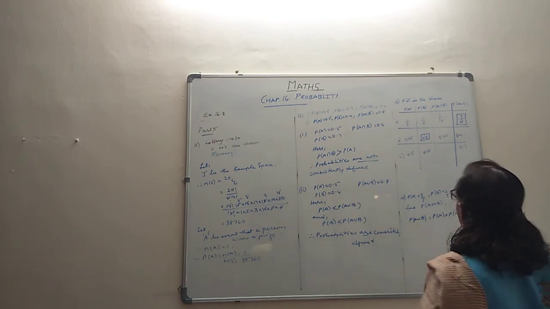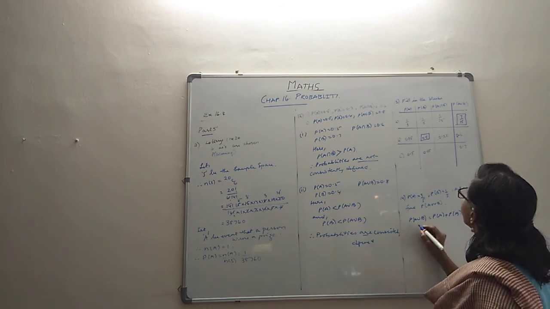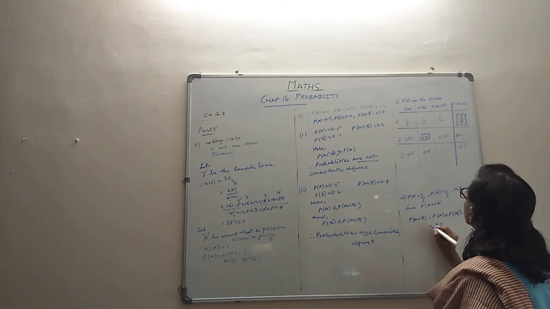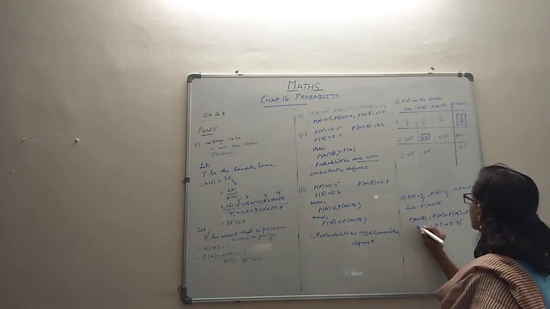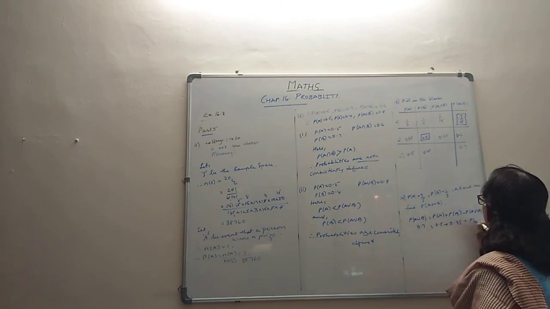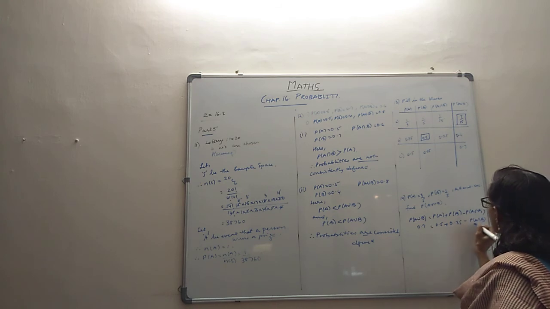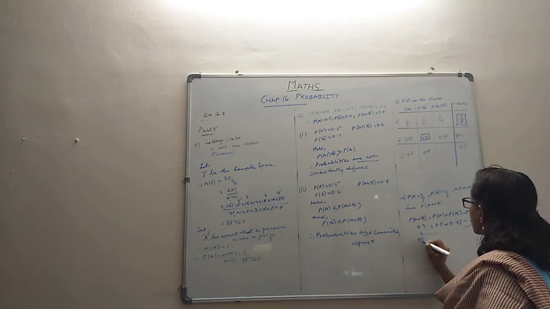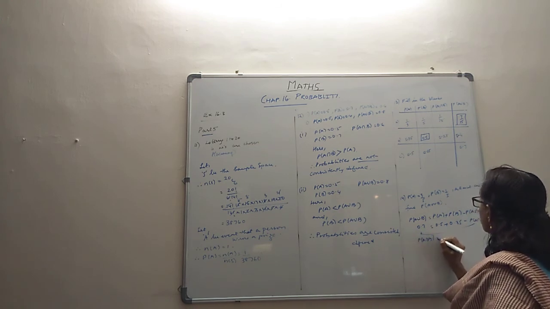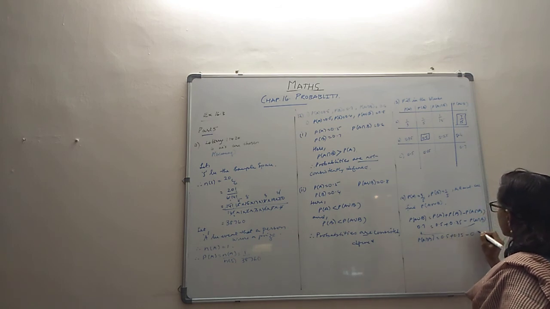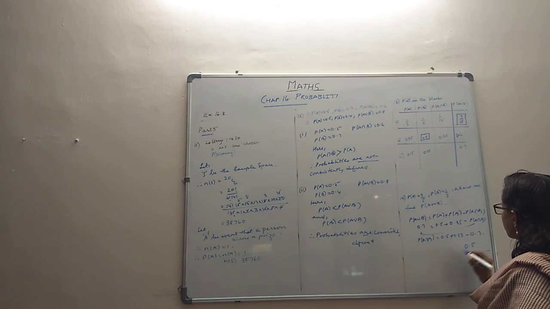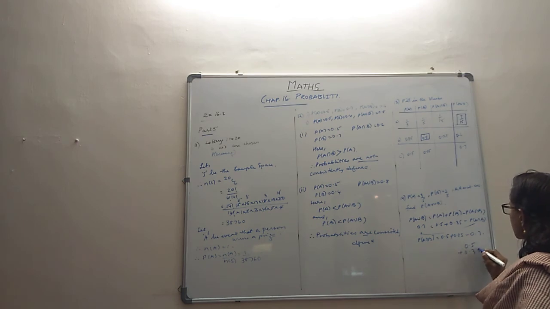So let's check now what happens here. Next one, third subpart. 0.5 is probability of A, probability of B is 0.35, and union is 0.7. This we don't know, so let's take this here. So it becomes probability of A intersection B, 0.5, 0.35 is already there, minus 0.7 will come here. So 0.5 plus 0.35, let's add.